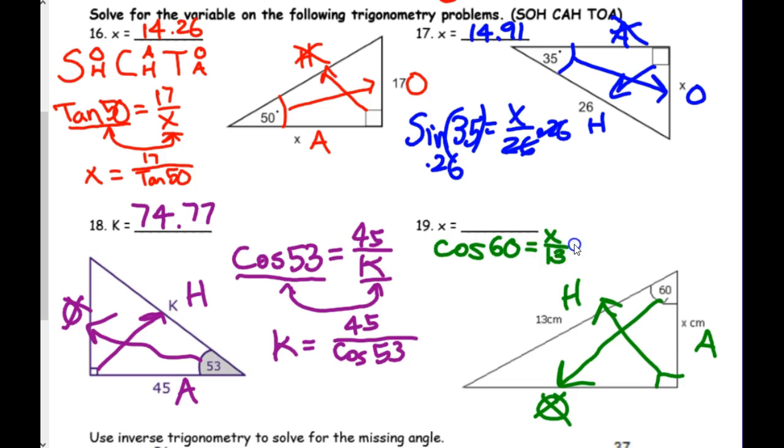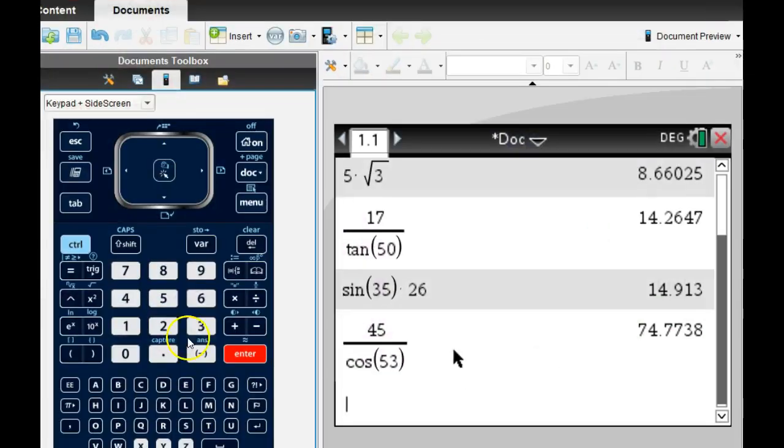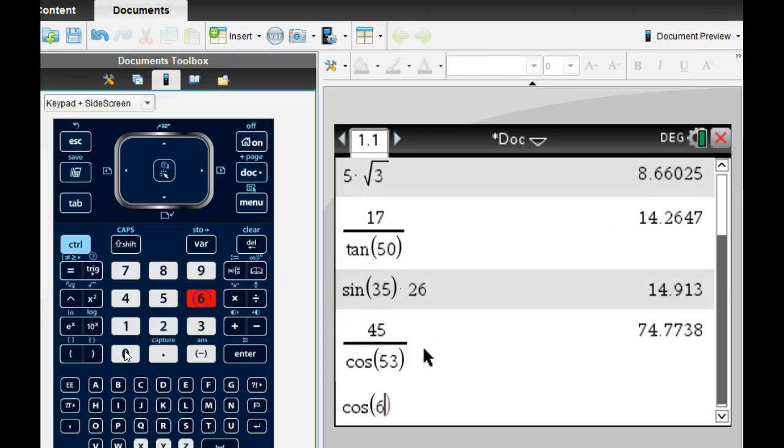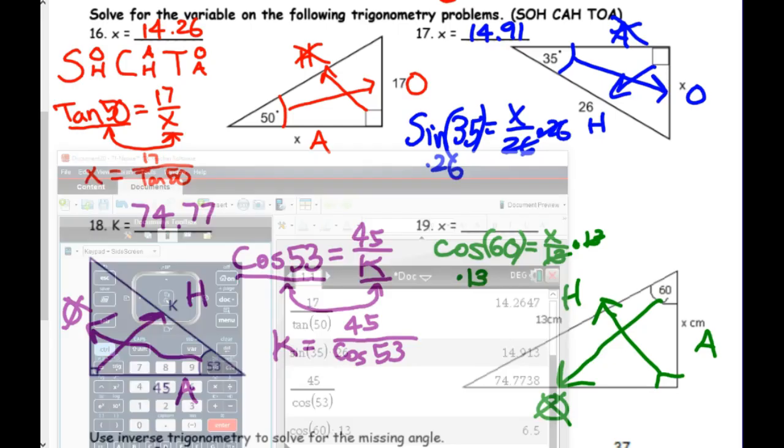To get rid of that denominator, that dividing by 13, the inverse operation is multiplying by 13. Cancel, cancel. Don't forget to end the parentheses before you multiply. So cosine 60 times 13. Cosine 60 in the parentheses times 13 gives us 6.5.